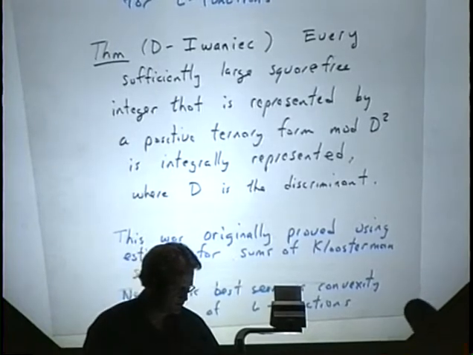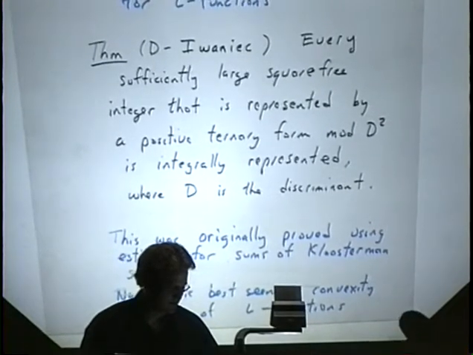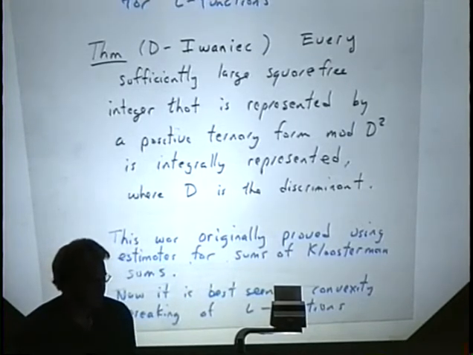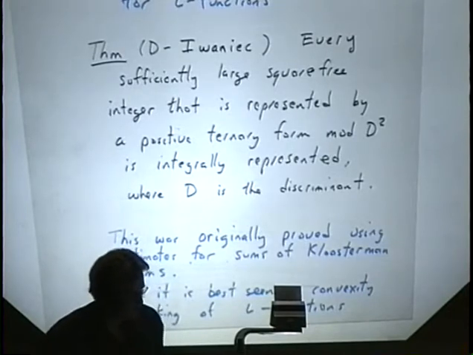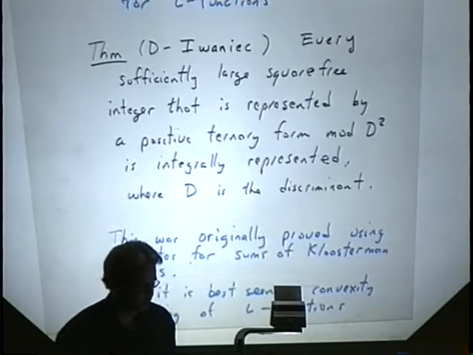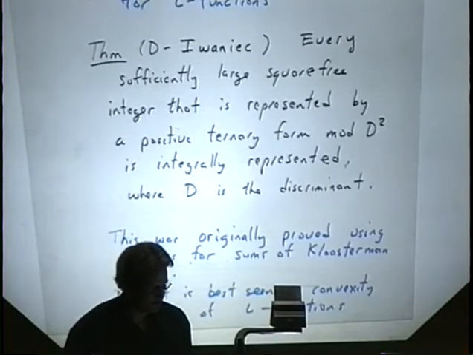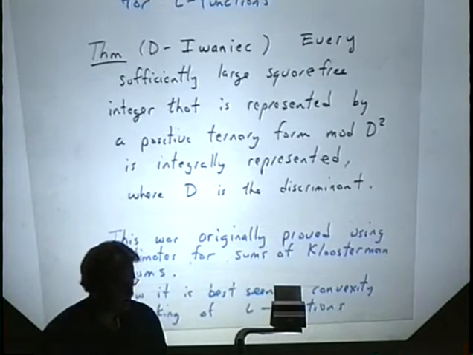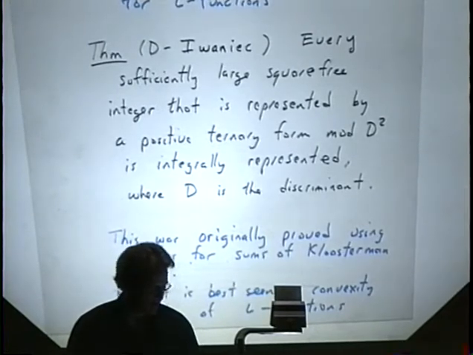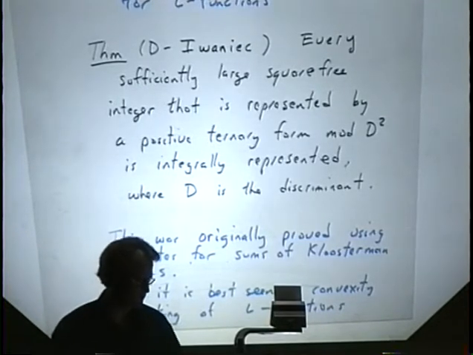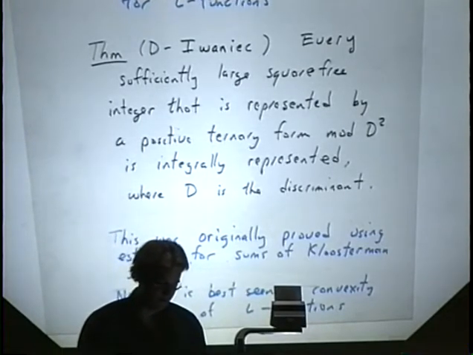So an old application of this, old now I guess, is that for a positive ternary quadratic form, one can represent every sufficiently large square-free integer provided it's represented locally. And a very concrete version of that is that n has to be represented modulo a particular integer, d squared, where d is the discriminant. So this is a very concrete version of the local to global principle for n sufficiently large.